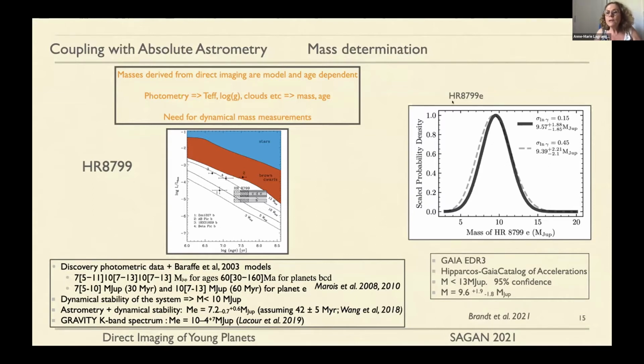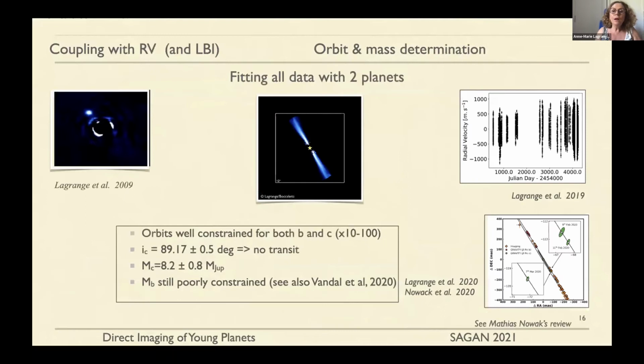Now, using the early DR3 Gaia data, Brandt et al. could measure the mass of HR 8799 e with really good precision. You can also measure the masses using radial velocity, and this has been done many times, combining direct imaging and radial velocity for brown dwarfs.